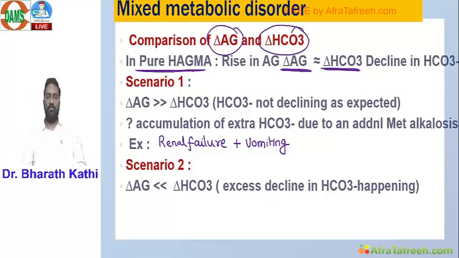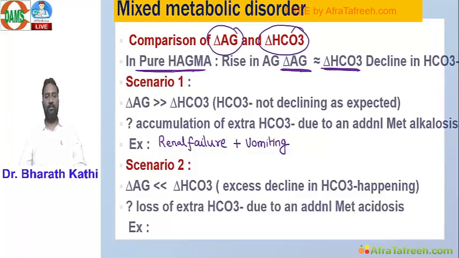So what does it signify? There is loss of extra bicarbonate due to an additional metabolic acidosis. So here there are two metabolic acidoses. The patient might have a high anion gap metabolic acidosis, DKA, along with a normal anion gap metabolic acidosis.